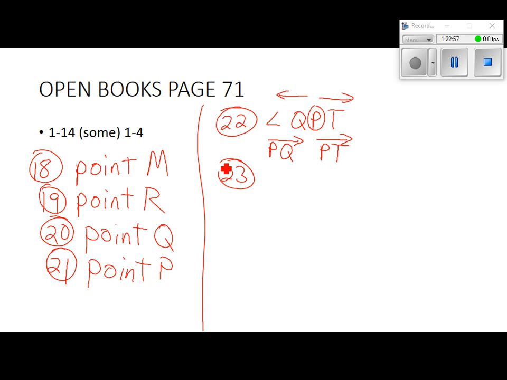Next one, angle MNV. It's going to be ray NM and ray NV. Number 24 says angle 6, so you have to look over there, find angle 6, and look for the rays that form that angle, and it'd be ray NM again, and ray NR.